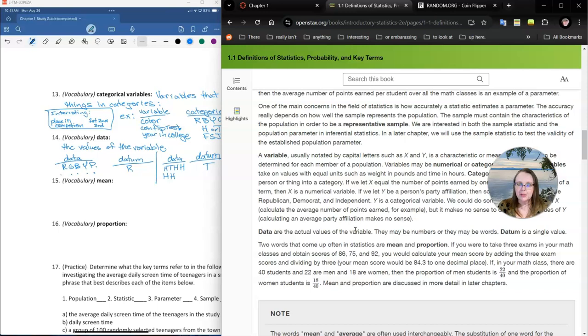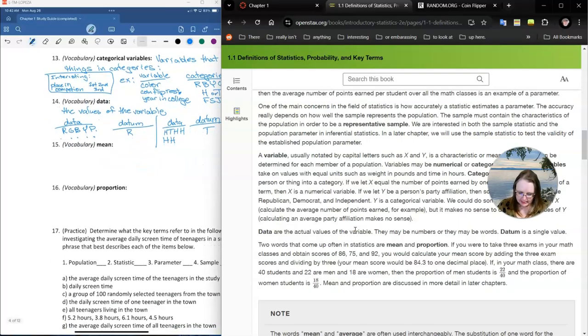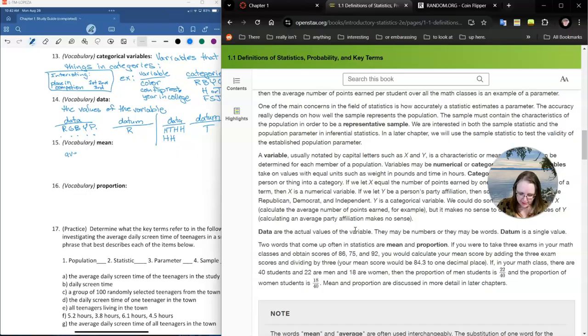Mean and proportion, those are things that we probably remember from previous classes. Mean is average, and that is add up all the numbers and divide by the number of numbers.